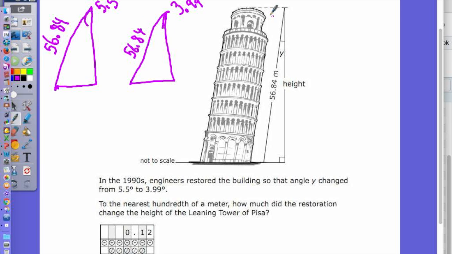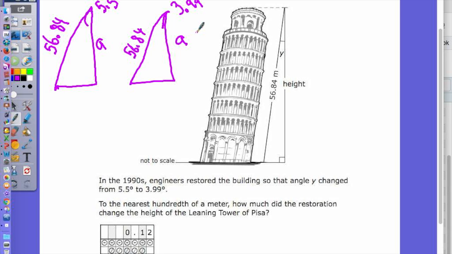The height here is how far you are above the ground when you're standing at the top looking straight down. So as the building got straighter, it went up. The length of the building did not increase, correct? No. So I want to find this height, which is adjacent to the 5.5 degree angle, correct?